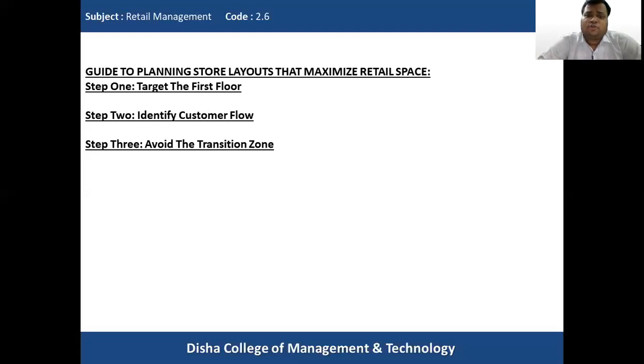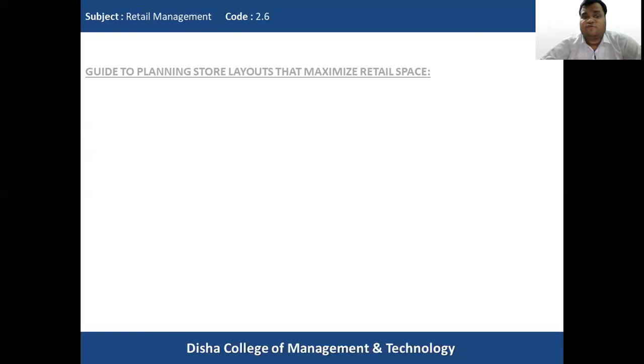So no high margin merchandise or brand promotions or any kind of offer should be displayed in this decompression zone or transition zone, because this is the transition phase where the customer enters the market and tries to understand the feel of the store. So this transition zone should be avoided, and nothing of value to the retailer, no high margin products, merchandise, or brand promotions and advertisements should be placed there.